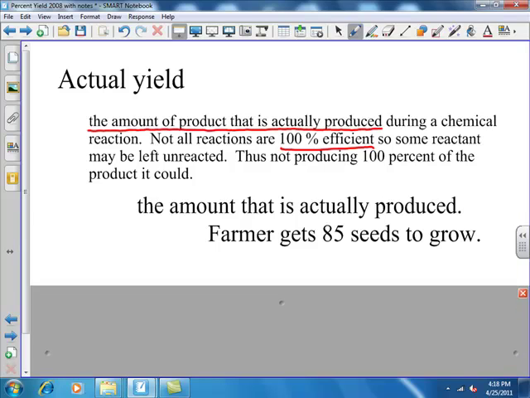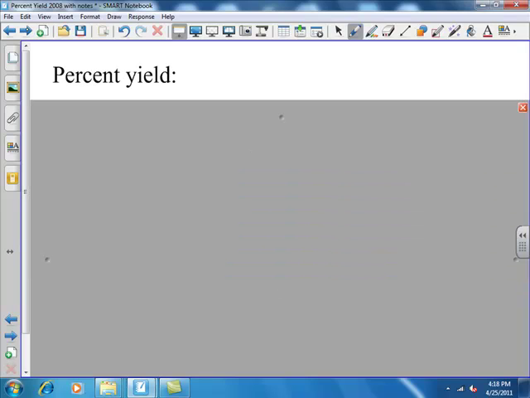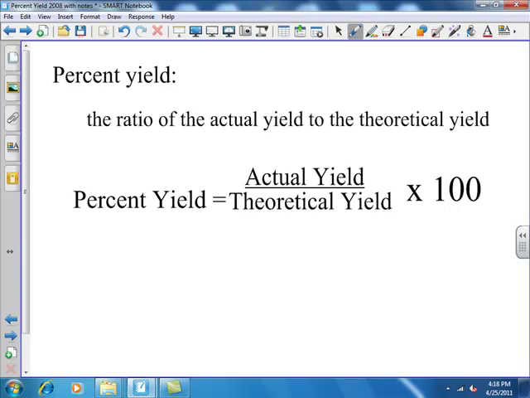Sticking with my farmer example, the amount that the farmer actually grows might be 85 plants. So they theoretically should have got 100 plants to grow, but they actually got 85 plants to grow. Well, this is what is referred to as percent yield. And percent yield, this is the textbooky definition, is the ratio of the actual yield to the theoretical yield.